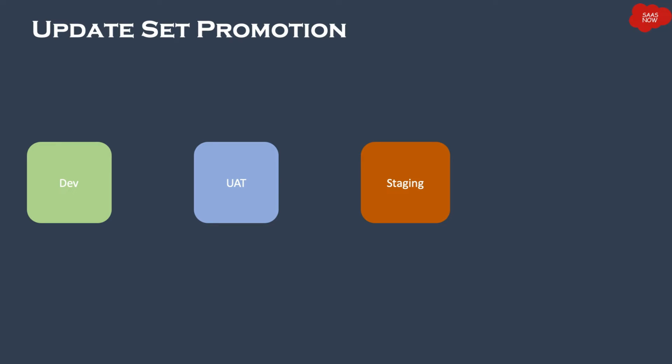Then you have the staging instance. And then you have production. Dev is for development, UAT is for user acceptance testing. Staging is like a pre-prod instance. And then you have the production instance, the main instance, where all your business users, live users are working.